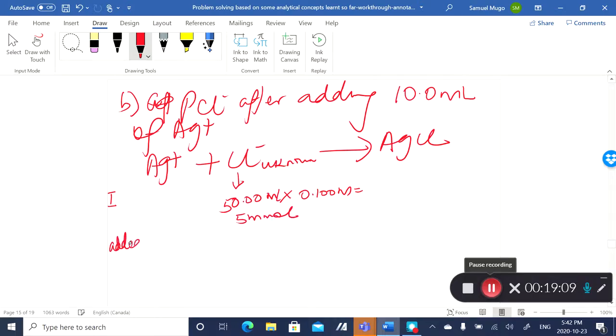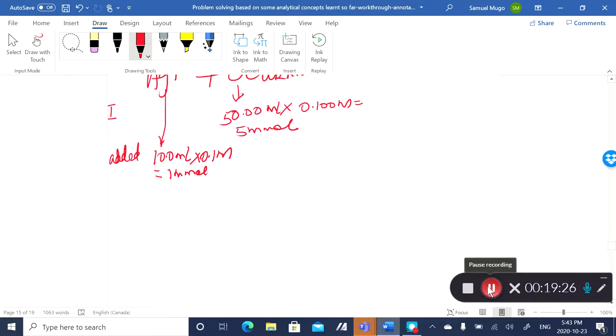Now, I've added 10 ml at this point, and the concentration is 0.1 molar. And you can see the millimoles here is equal to 1 millimole. And so my equilibrium amount is, for every drop that I add, all of it gets consumed. So it's 0 moles or millimoles. And then in this case, I initially had 5 millimoles, but I've already reacted 1 millimole, because remember it's a 1-to-1 stoichiometry.